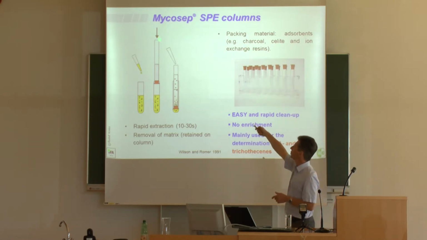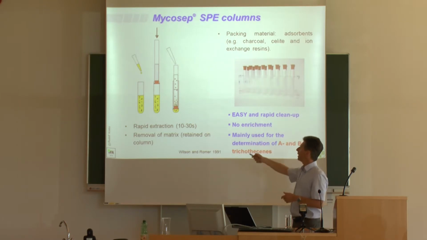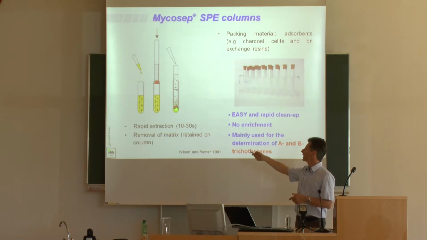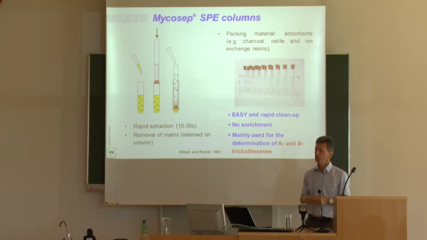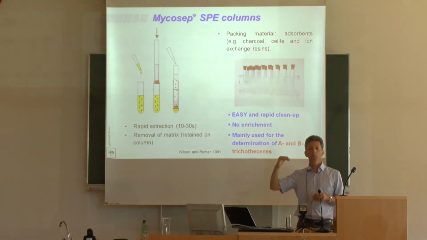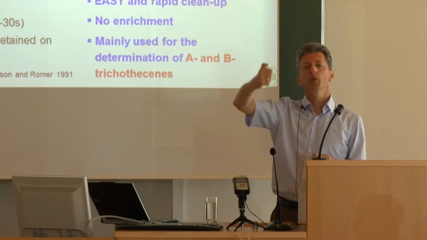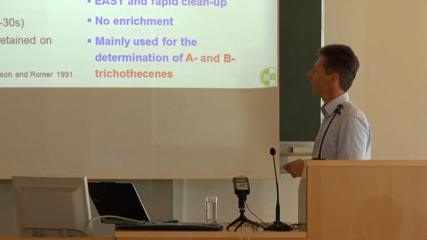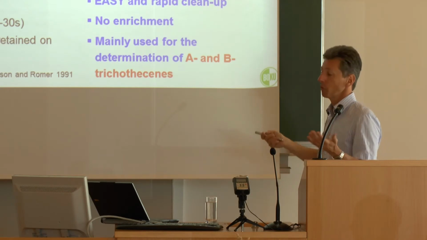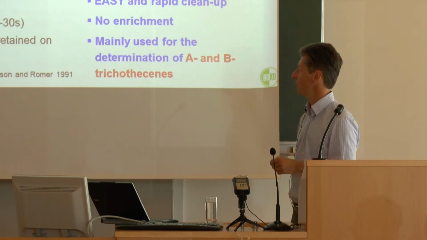You push that column into the culture tube, and the column has a one-way valve, so your extract is pushed through it. At the top of the column the purified extract appears, and you can pipette it, ideally containing only the mycotoxin of interest, into the column of the HPLC or LC-MS method.